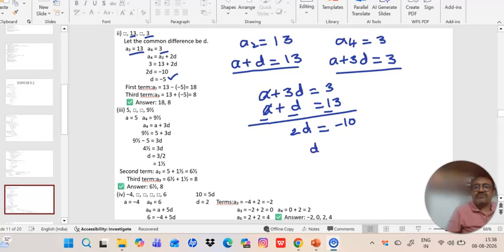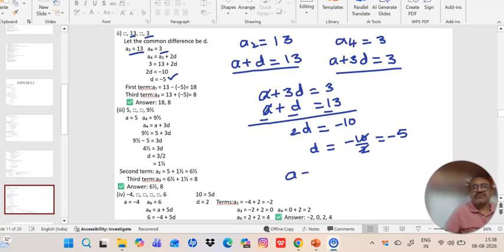Now D is equal to minus 10 by 2. So answer, D is minus 5. So first term, we want first term. First term means A or A1. A1, that is A, the first term.